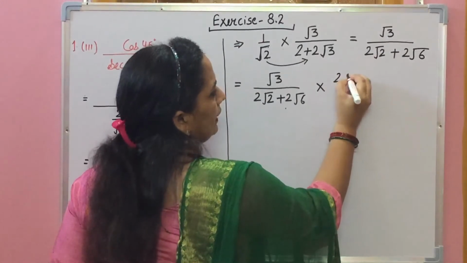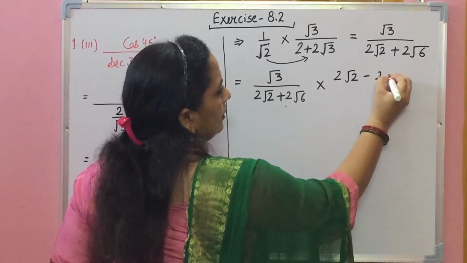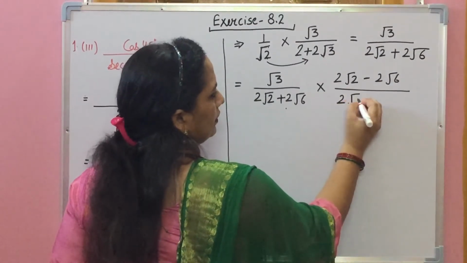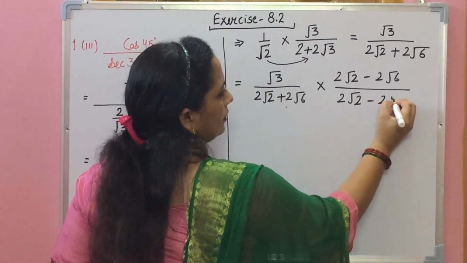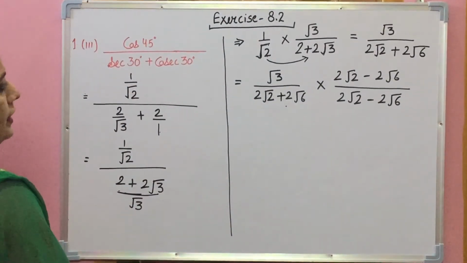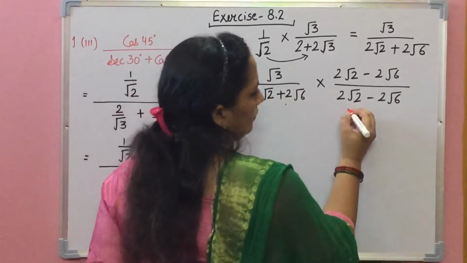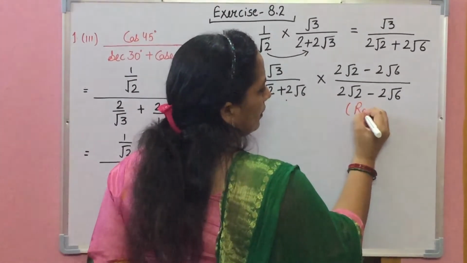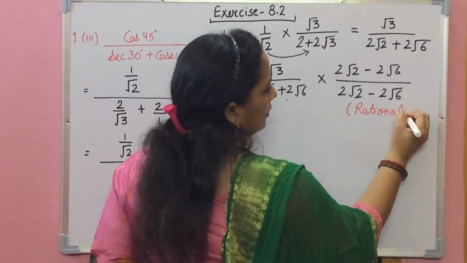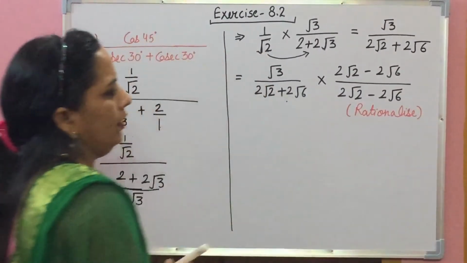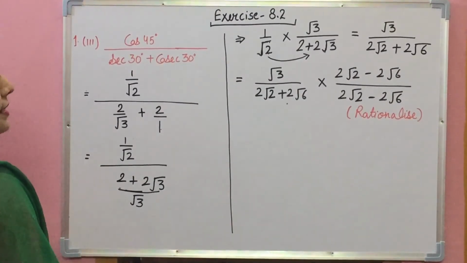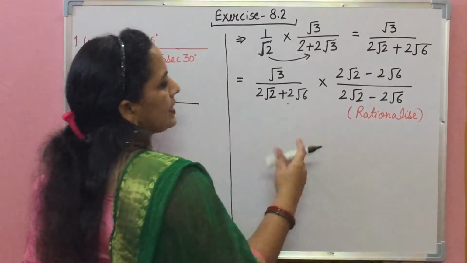So we will multiply these terms. So this is the rationalization of these terms. Rationalize, that means multiply the same term but change the sign.